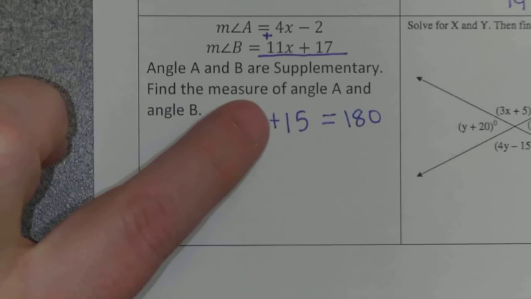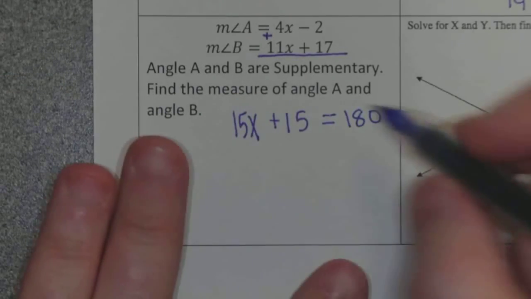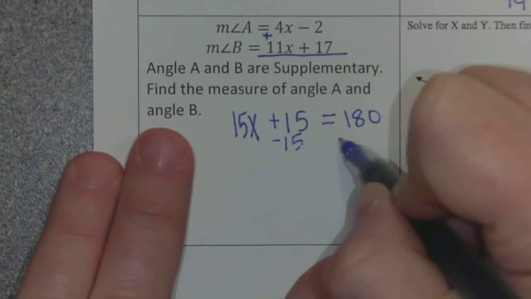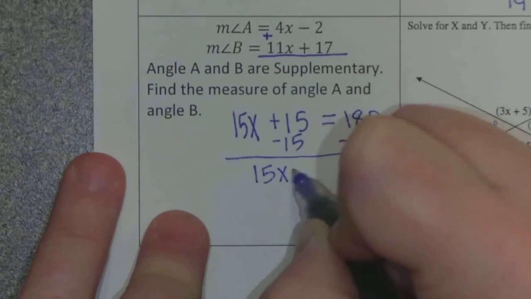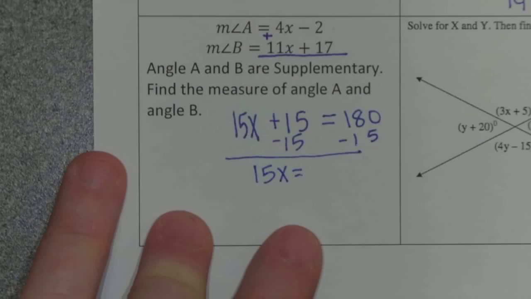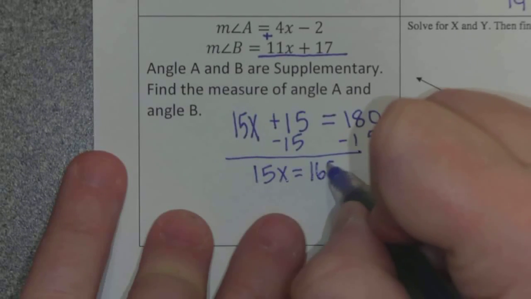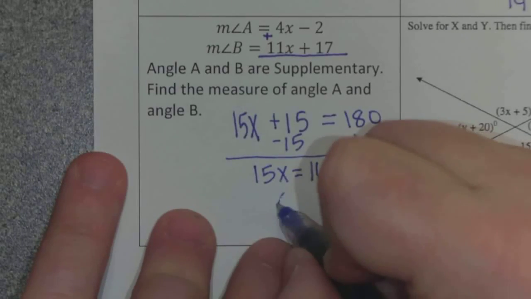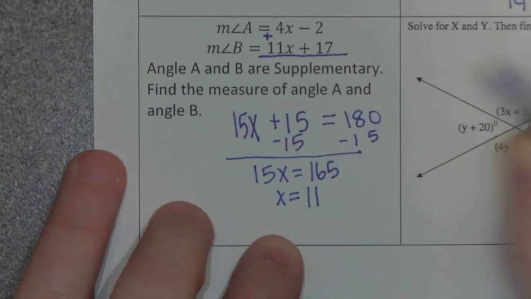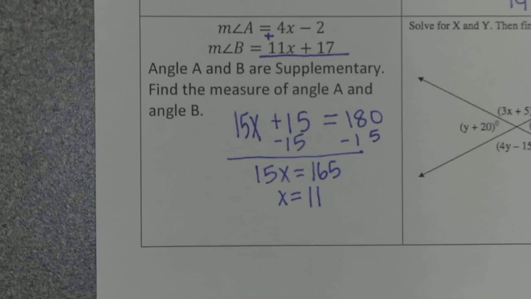So I'm going to get rid of that positive 15 right there by subtracting it to the other side. I get 15x equals 165. Divide by 15 and I get x equals 11. Now again, they didn't ask me what x was, so I have to go substitute it back in.